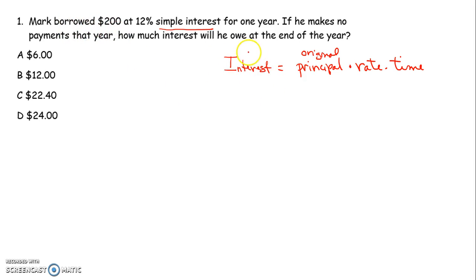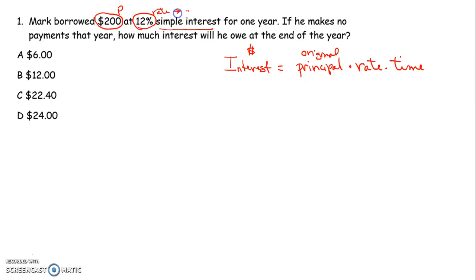So it's going to be an extra amount of money that you have to pay back on top of the original $200. So he borrowed $200. That original amount he borrows is your principal. 12% simple interest. As soon as you have a percent, that's going to be your rate.